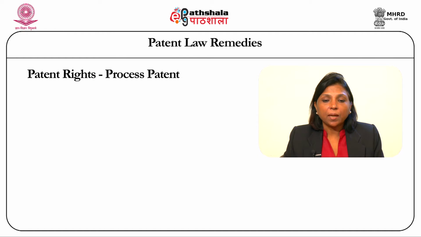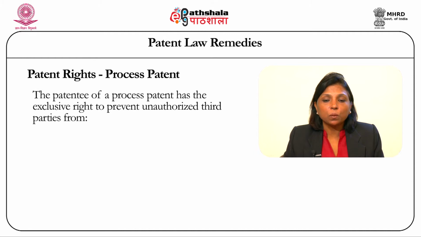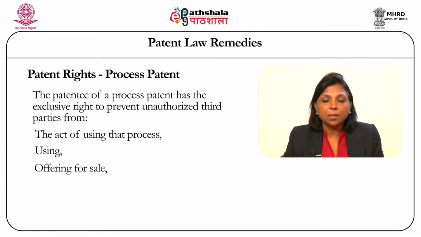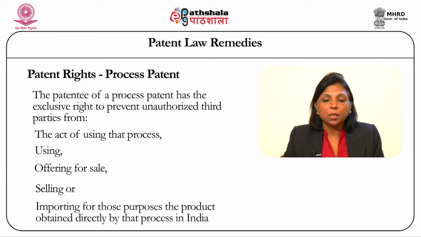Similarly, the right of a patent owner for a process patent is the right to exclude an unauthorized third party from the act of using, offering for sale, selling or importing for those purposes the products obtained directly by that process into India.